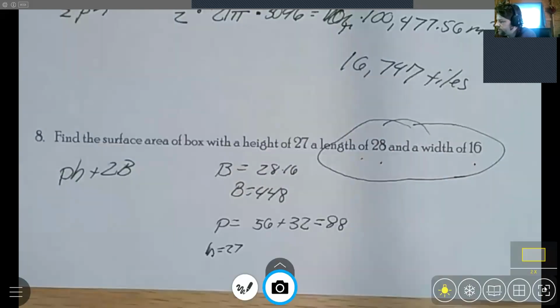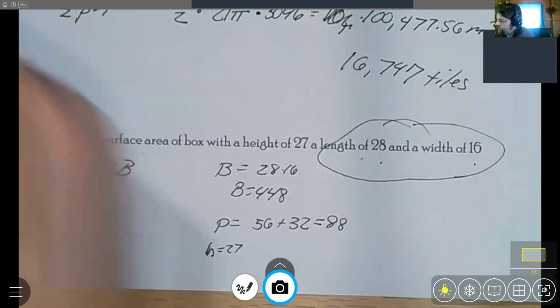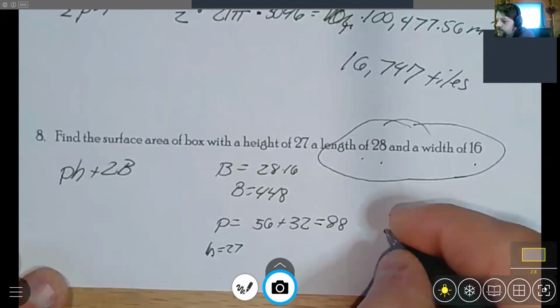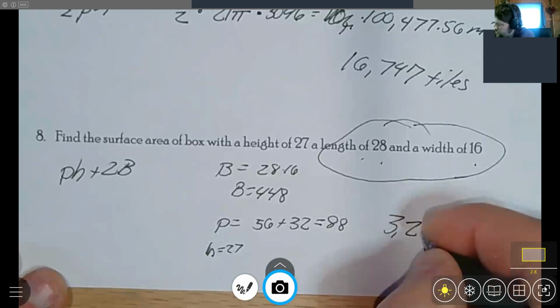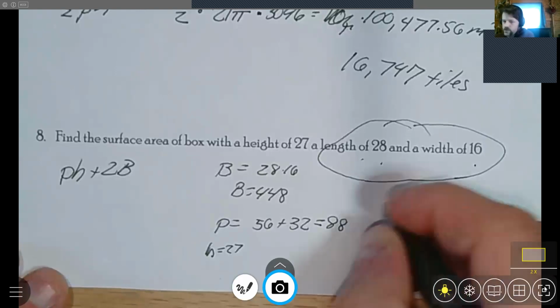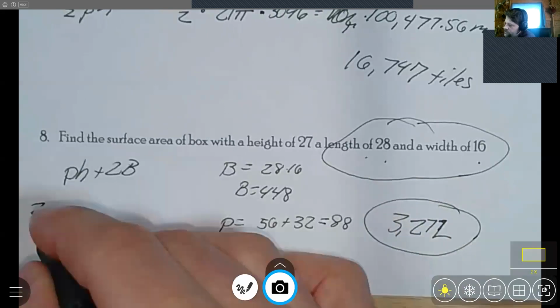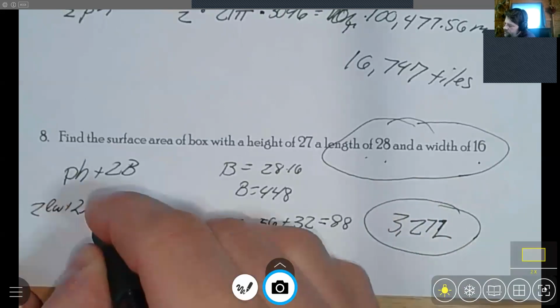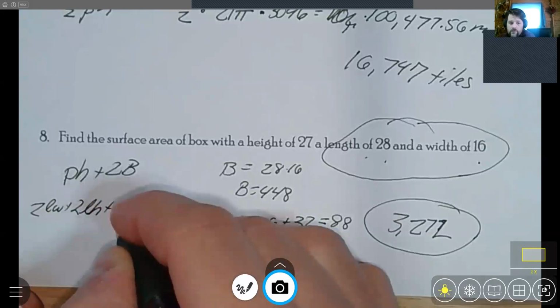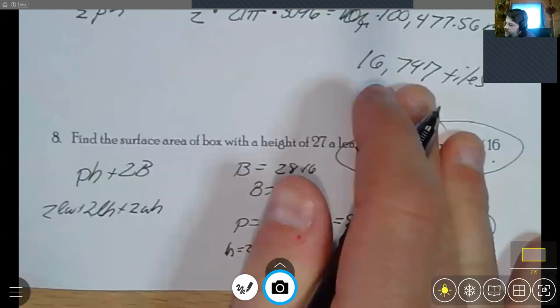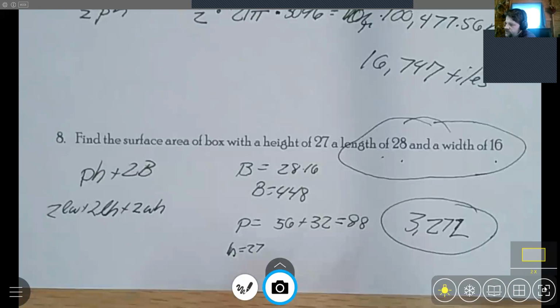So perimeter 88 times the height 27 plus 2 times the base, which is 448, gives me 3,272 for the surface area. You also could do the 2 length width plus 2 length height plus 2 width height formula, and that would give you the same result.